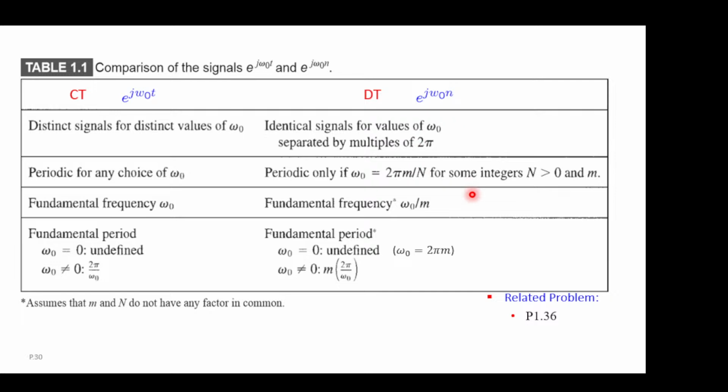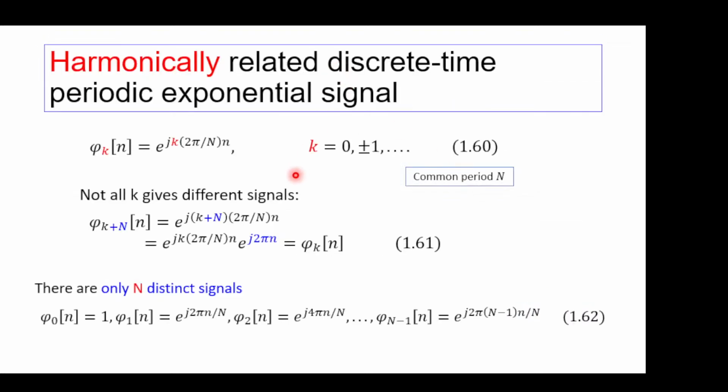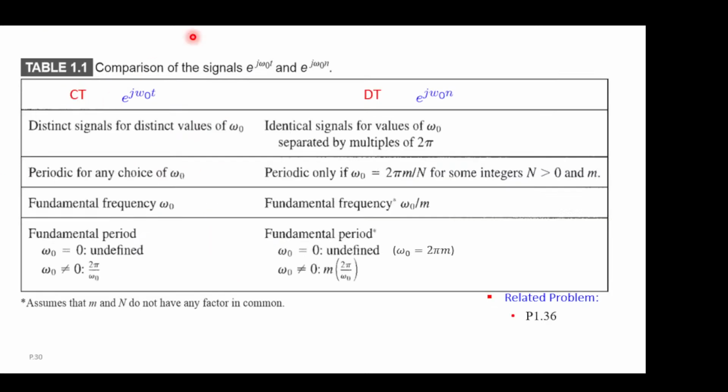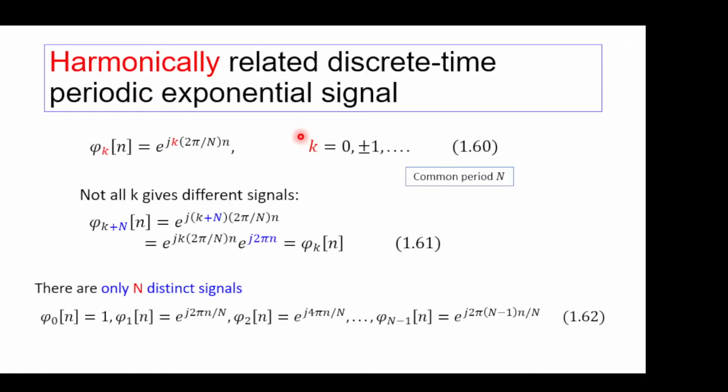Okay, and finally we can go to our harmonically related discrete-time complex exponentials. It's in this form, so it is still similar to continuous time. It's e to the j k omega naught n, but here we like to write omega naught as 2 pi over N, because now we see that we need some special omega naught.